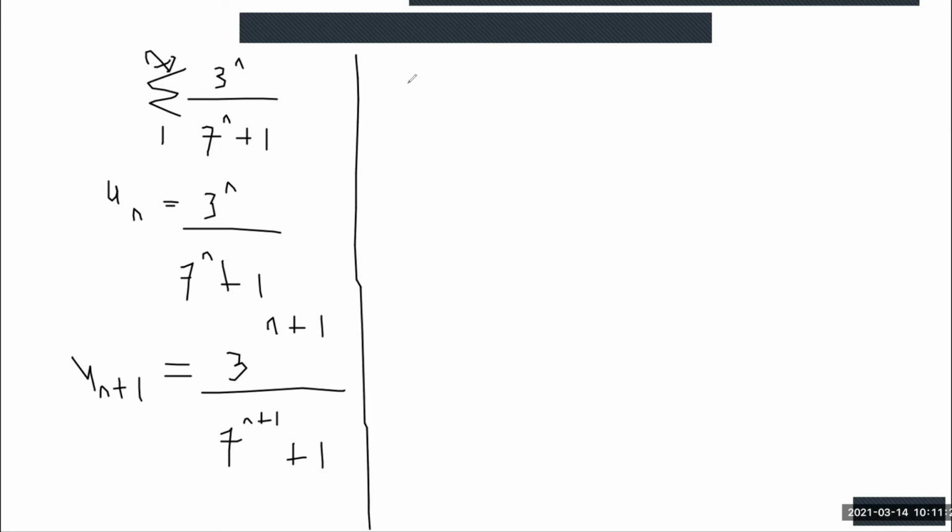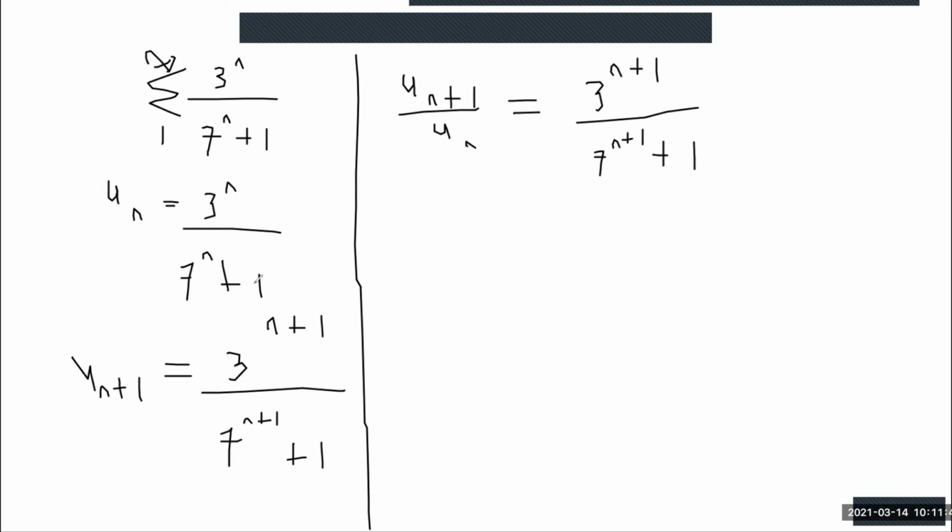So since this is what we get, what we're going to get now, therefore, is un plus 1 divided by un. That's going to be equal to 3 to the n plus 1 divided by 7 to the n plus 1 plus 1, and it is being divided by un.